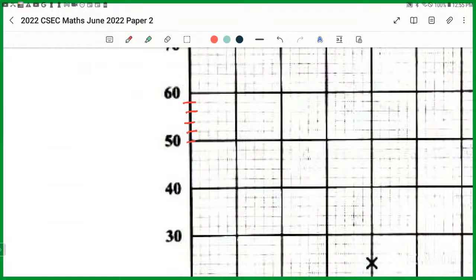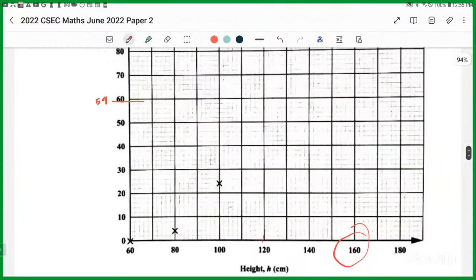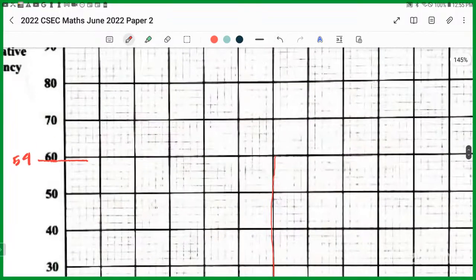Everything is important. Mathematics is the most exact science. Get it right. Coming right over to the 120 line. The 120 line is this. It comes right up here. So the mark is right there. All right, that is it.